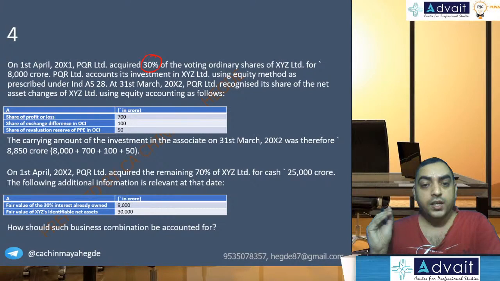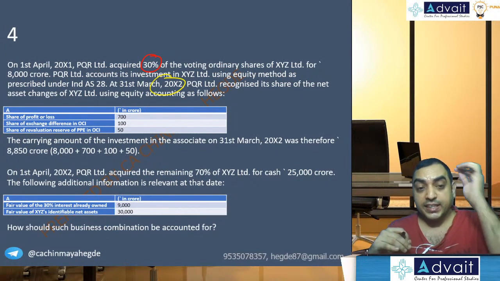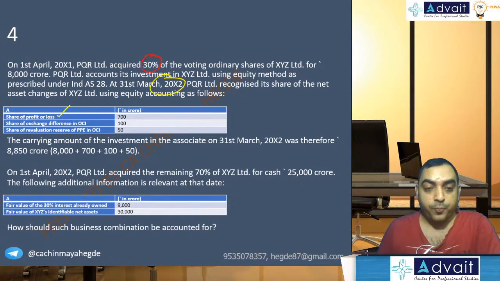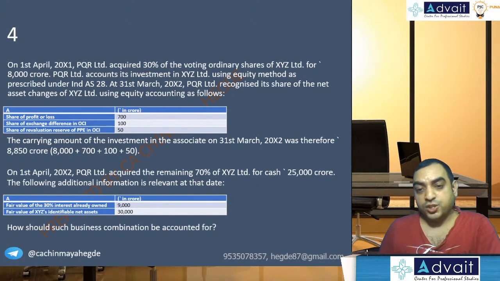On 31st March 2002, at the year end, PQR Limited recognized its share of net assets changes of XYZ Limited using the equity accounting as follows: share of profit and loss, share of exchange difference in OCI, share of revaluation reserve in OCI. The carrying amount of investment in associates on 31st March 2002 was therefore 8,000 plus 700 plus 100 plus 50 means 8,850.